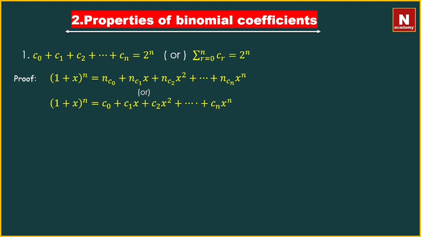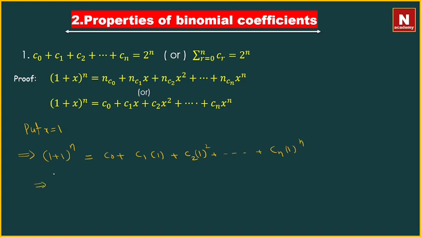Substituting x equals 1 in this expansion, you will get the result. Put x equals 1, writing 1 in the x place. (1 plus 1) whole power n equals C0 plus C1 into 1 plus C2 into 1 square so on Cn into 1 power n.